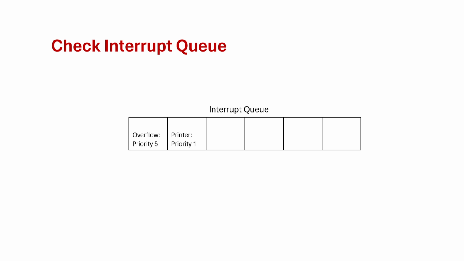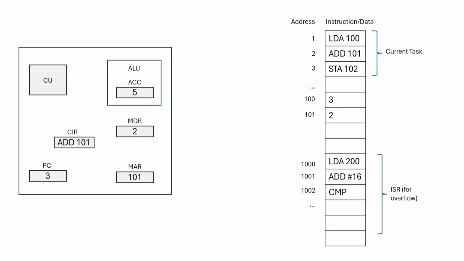So what do we do? Well, we need to again think about the central processing unit. This should be a familiar diagram. Right now you can see, although it says program counter is 3, that always increments before we carry out the previous one. So we're just finishing the execute part of the operation at address 2. We've done our fetch, our decode, and our execute. We know that there is an interrupt.